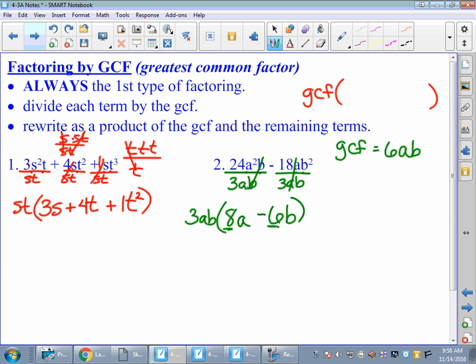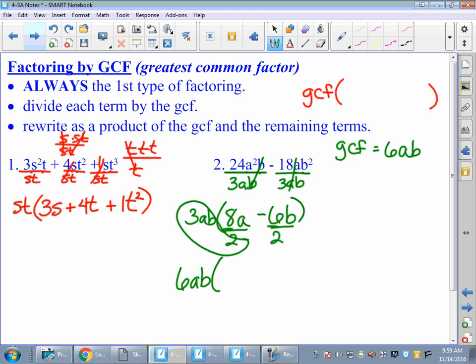So rather than starting over, I'm just going to take out what I missed. What's a common thing that goes into 8 and 6? It's 2. So if I divide by 2 now, it still needs to come outside. So the 2 and the 3 make 6, and there's our 6AB. So you don't have to start over. Whatever other factor you take out, you just multiply by the original factor that's there.